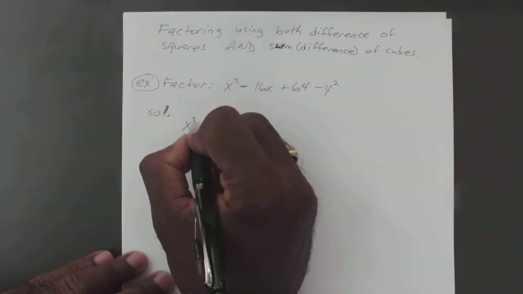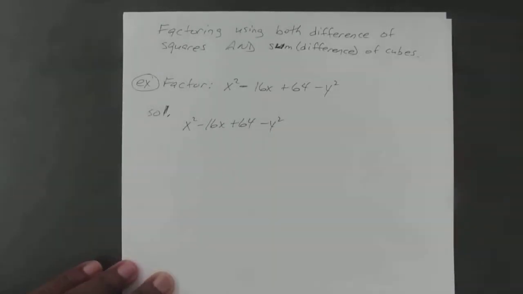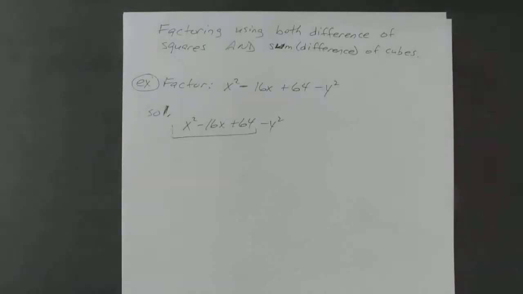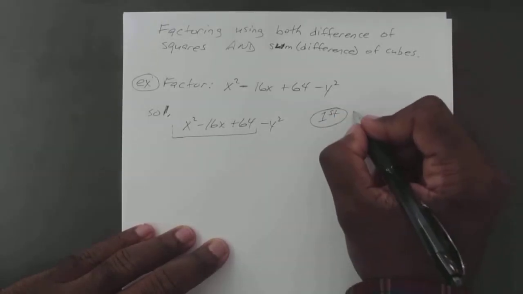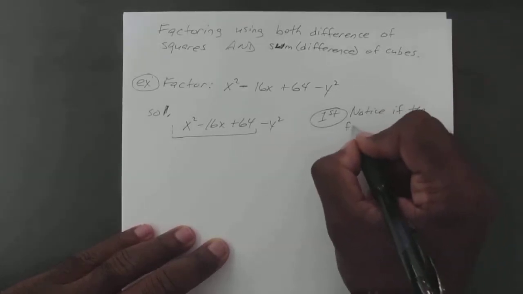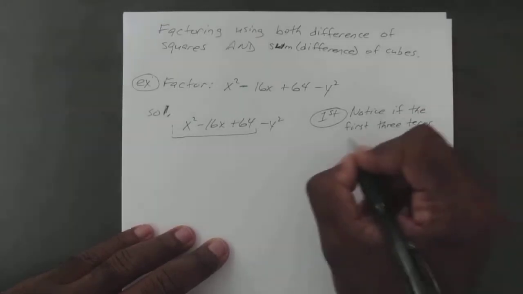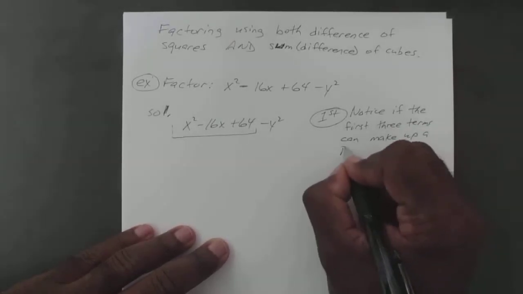Okay, so now if you have x squared minus 16x plus 64 minus y squared, with this one, the first thing you're going to notice is if the first 3 terms make up a perfect square.